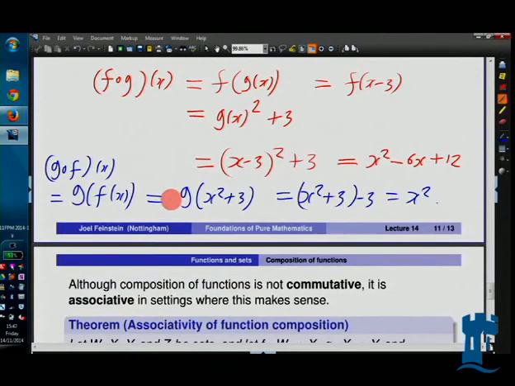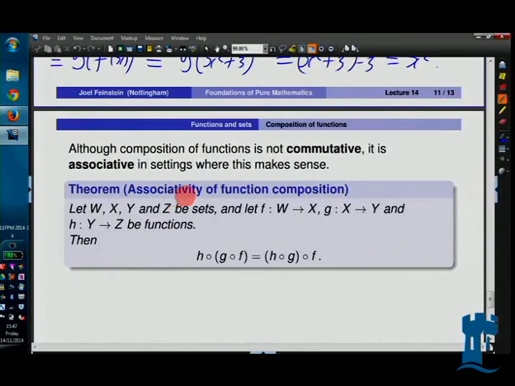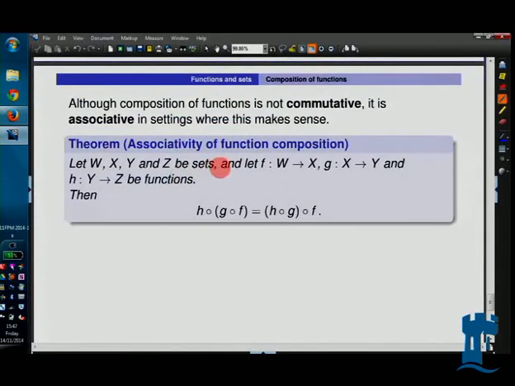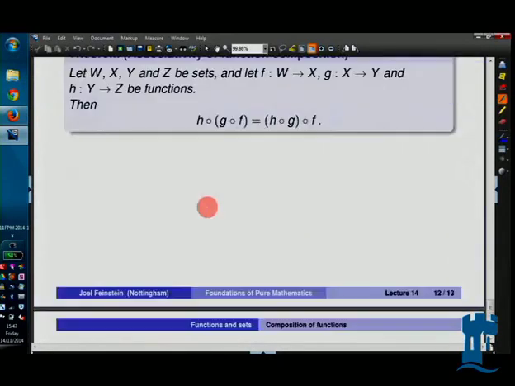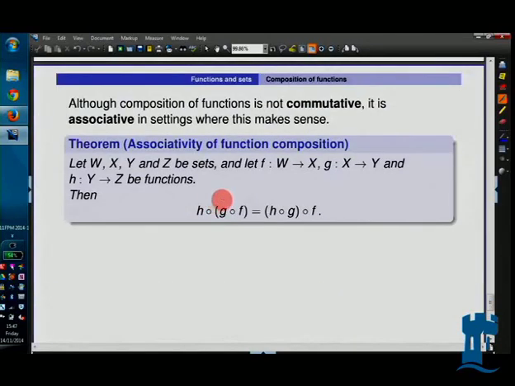Okay. But what we're going to finish with today is the fact that although it's not commutative, it is associative. And what does that mean? Suppose you've got four sets, three functions. So let me draw the setting we've got.